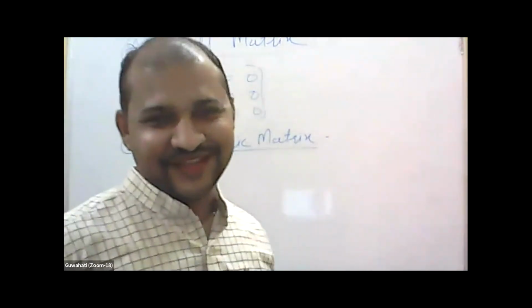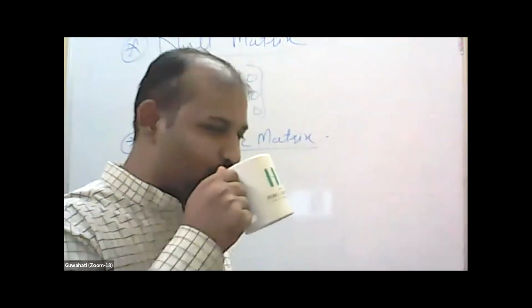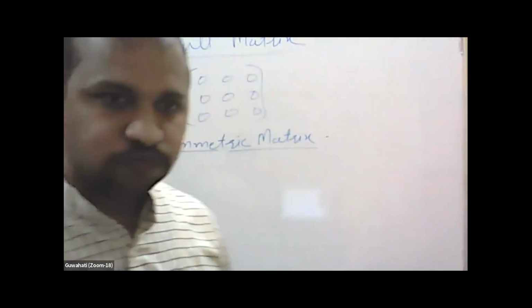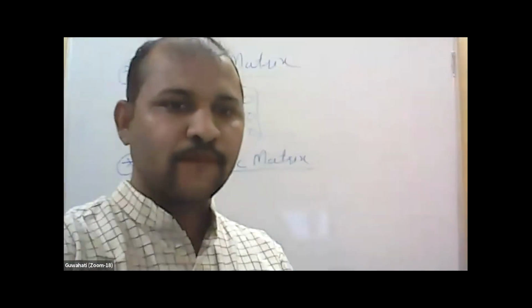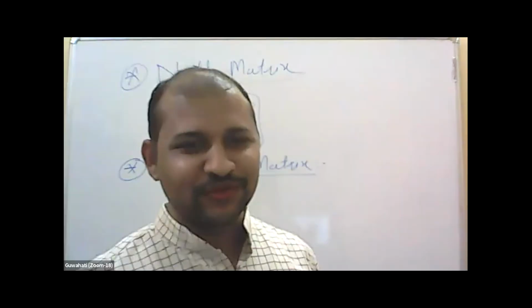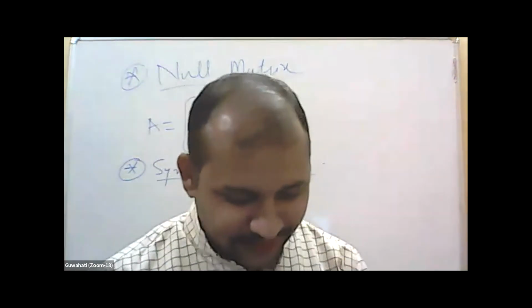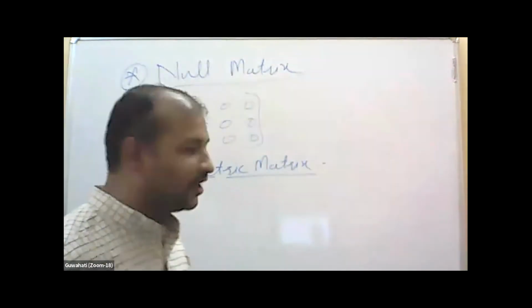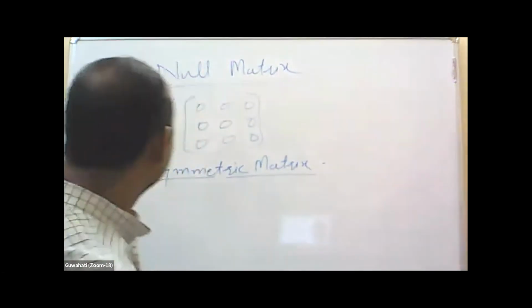A symmetric matrix is a square matrix equal to its transpose. But before that, we should know the transpose. Let me define the transpose first.